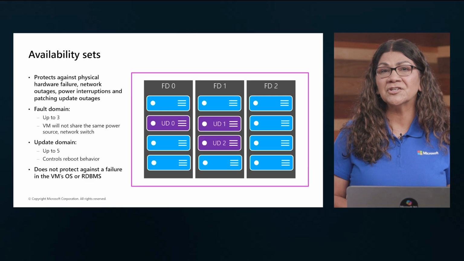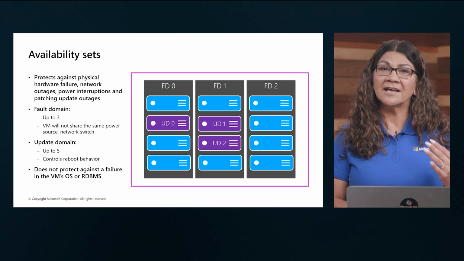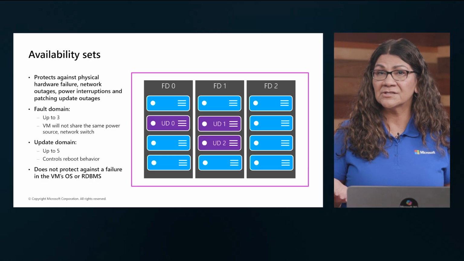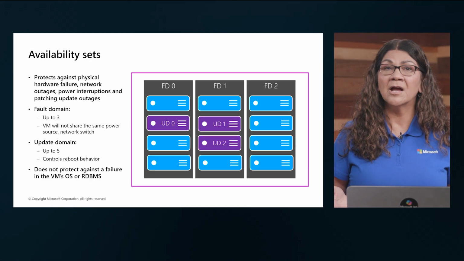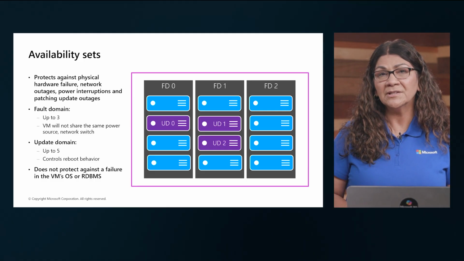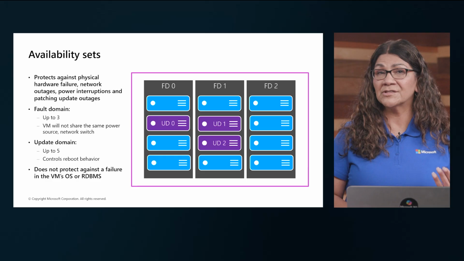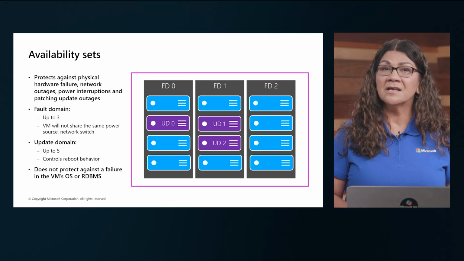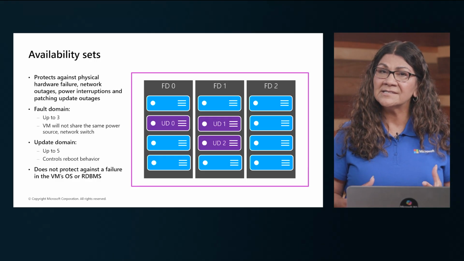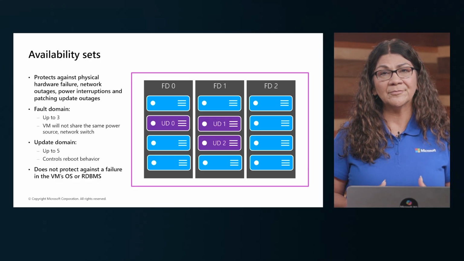This configuration acts like an anti-affinity rule, ensuring that VMs such as a SQL Server log shipping pair are never placed on the same physical server, while availability sets protect against infrastructure level failures. They do not safeguard against issues within the VM's OS or SQL Server itself.